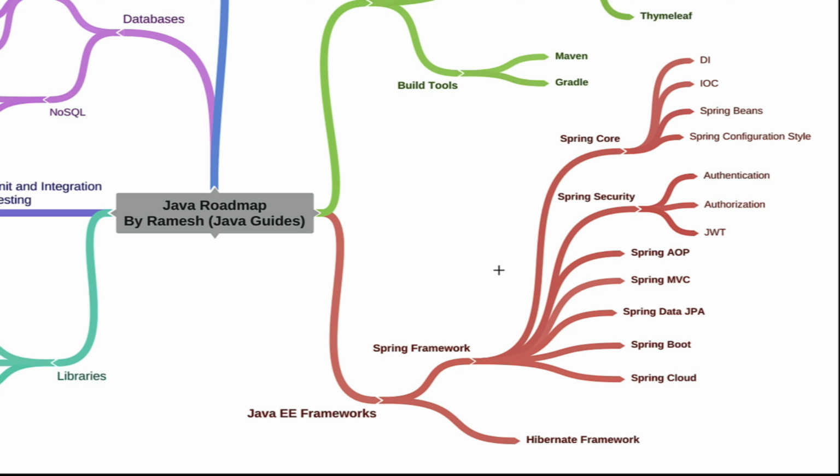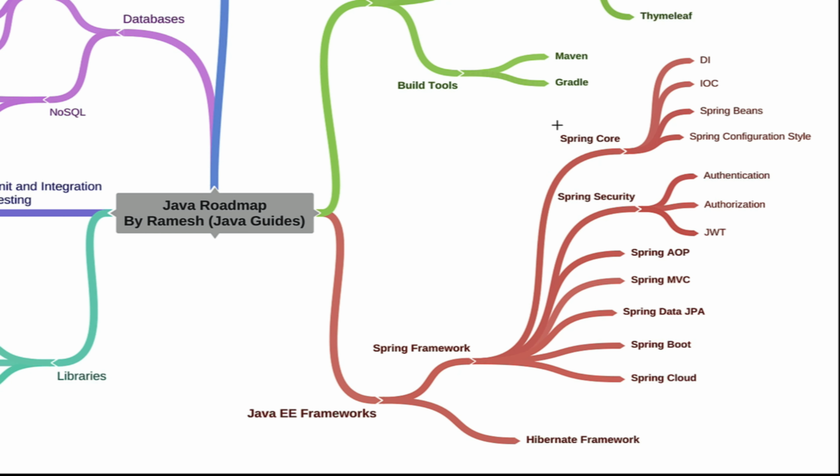It has popular modules like Spring Core, Spring Security, Spring AOP, Spring MVC, Spring Data JPA, Spring Boot, and Spring Cloud. So these are the commonly used Spring Framework modules, and if you want to learn the Spring Framework, you can focus on these Spring modules.